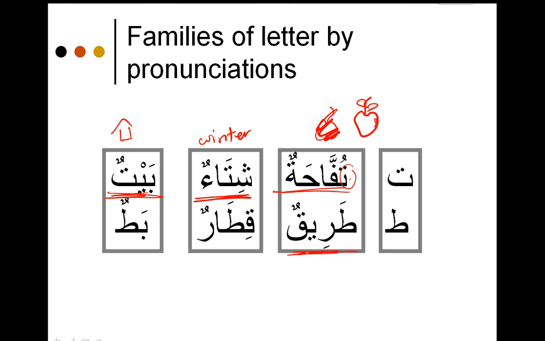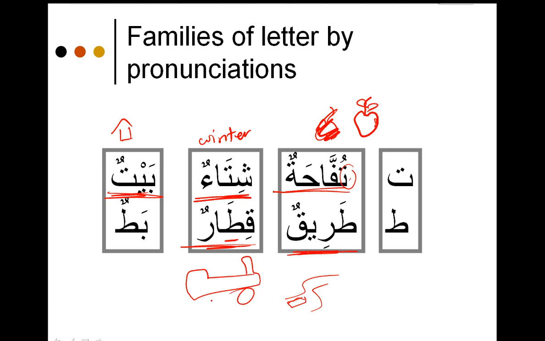طريق, طريق is a road. A road, you know, with cars. Also, it's actually any path. طريق is a path or a road. قطار, قطار is a train.